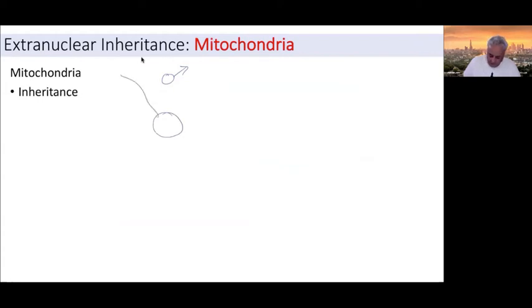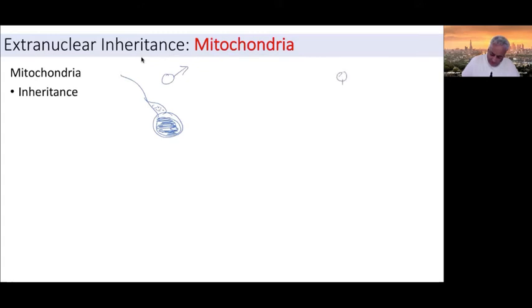The sperm just has enough room to carry the nuclear genes, the nuclear genome, right? It doesn't have any space to carry mitochondrial genomes. Even though the tail of the sperm has lots of mitochondria, none of them make it into the fertilized egg.